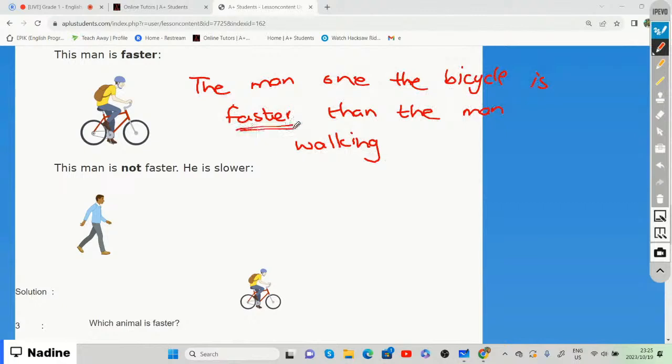And there we have the word faster, and we added er because we are comparing two people. So it's a comparative adjective.